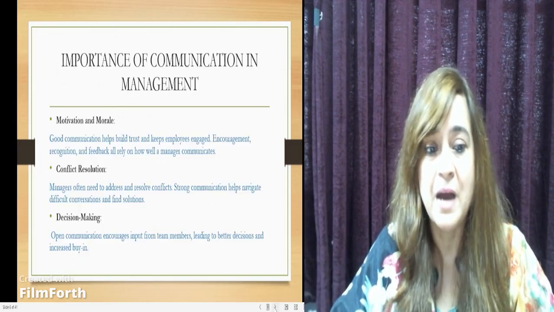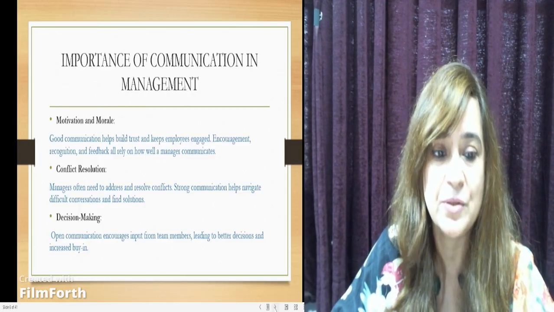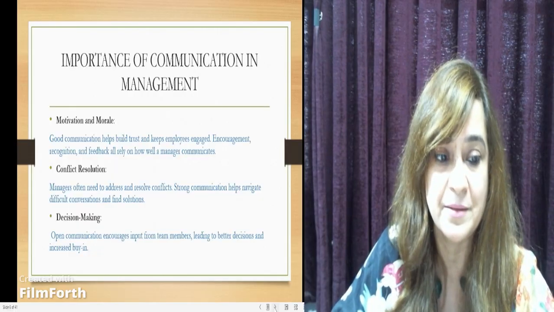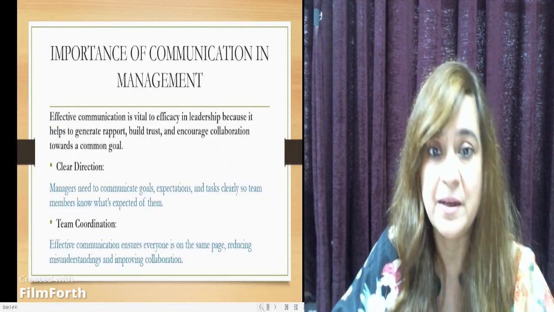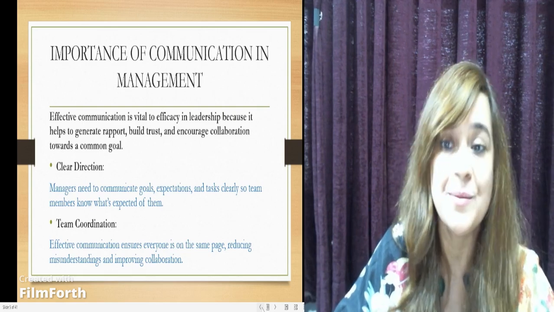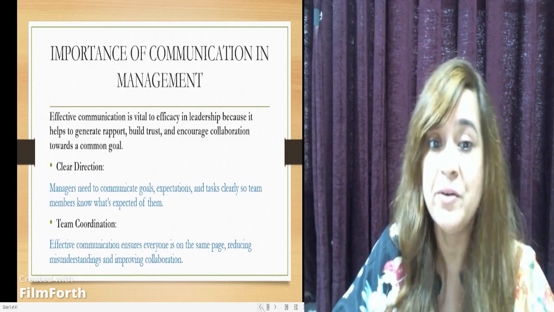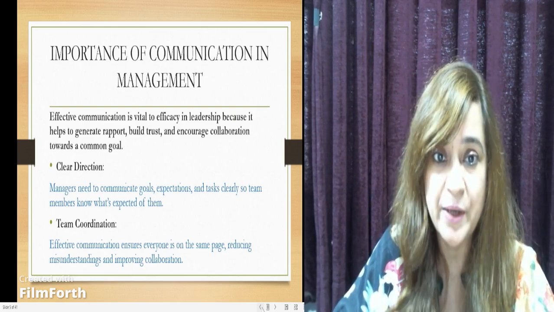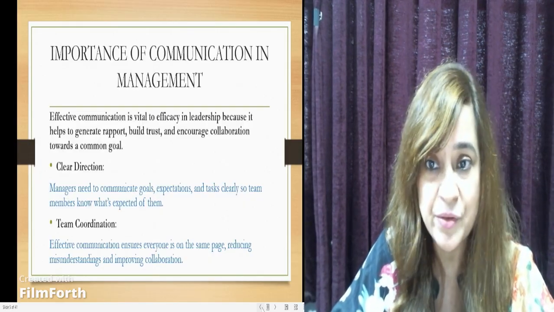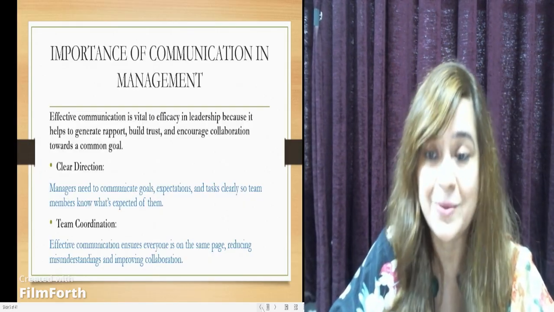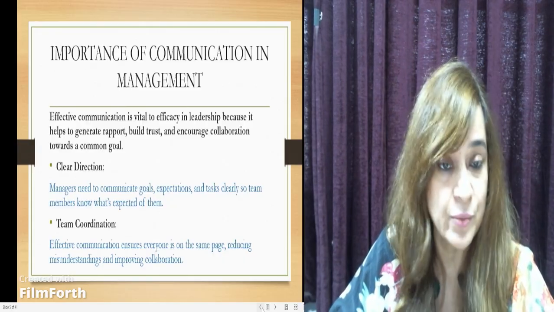We see how communication is so effective, so vital. I think communication is vital and very effective when it comes to leadership, because it generates a very good rapport, a very good relationship. It builds trust. It encourages collaboration amongst the employers as well as the employees, towards a common goal.